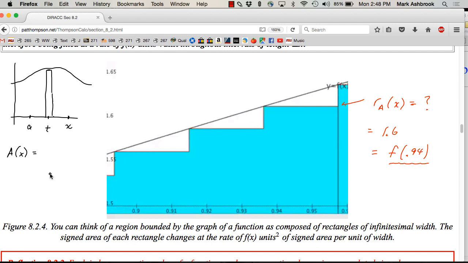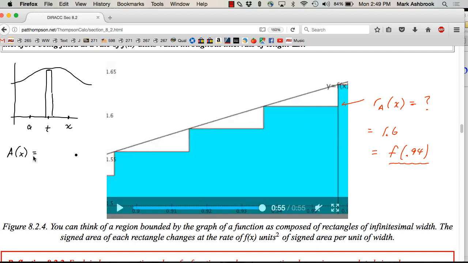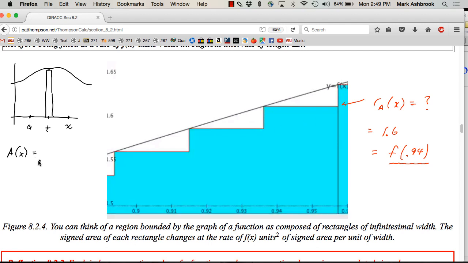We used that last week to mean what? The approximate net accumulation function, okay? We meant that. But now the book is using that to mean area function, right? Area function, or exact accumulation of area.